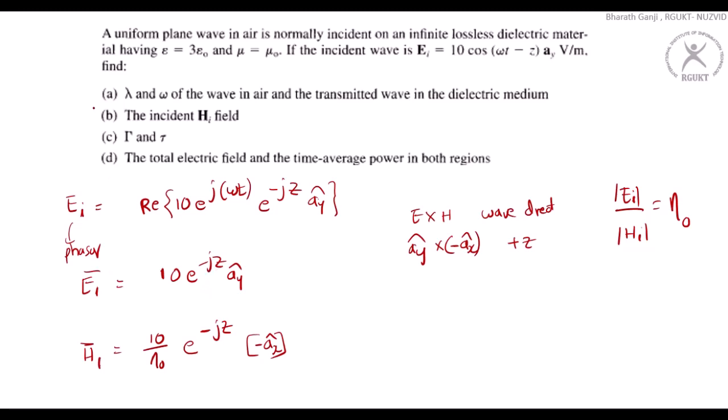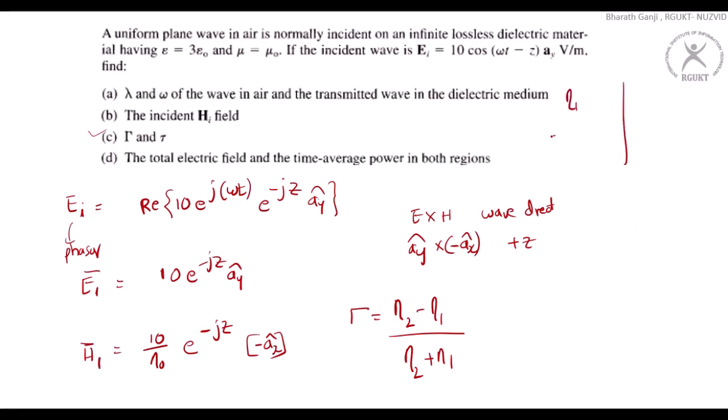Now the other part of the question asks for the reflection coefficient. Because it's a normal incidence, it is eta 2 minus eta 1 divided by eta 2 plus eta 1. Let us pull the values of eta 1 and eta 2. In the first case, eta 1 is the square root of mu naught by epsilon naught, which is eta naught.